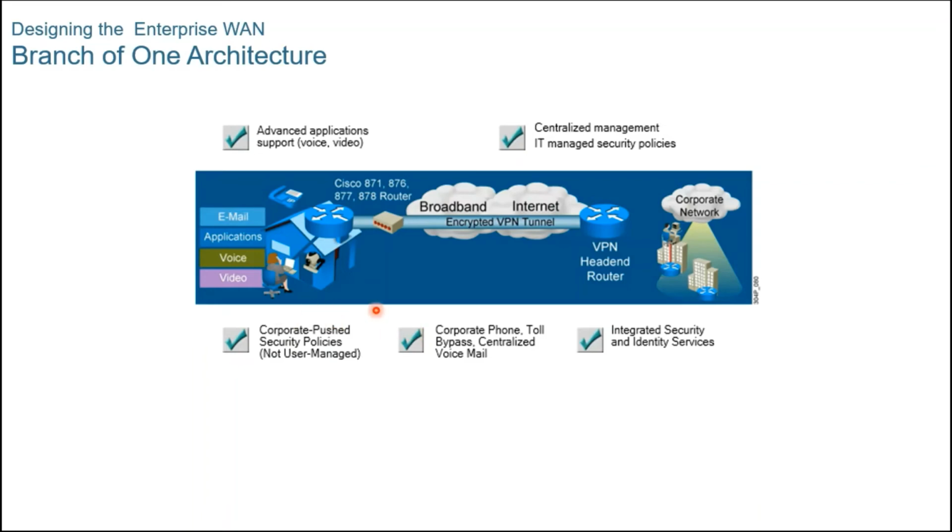This solution supports advanced applications such as voice and video as part of the full suite of enterprise services for the end user. For example, a teleworker can access a central office IP telephone system from home with comparable voice quality and can thereby take advantage of higher function IP telephony capabilities instead of using the PSTN.